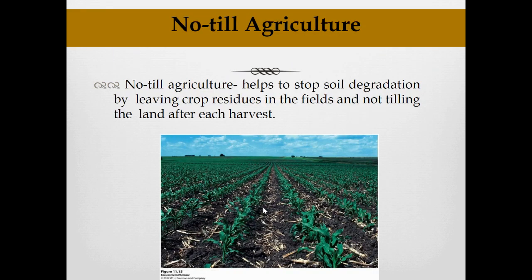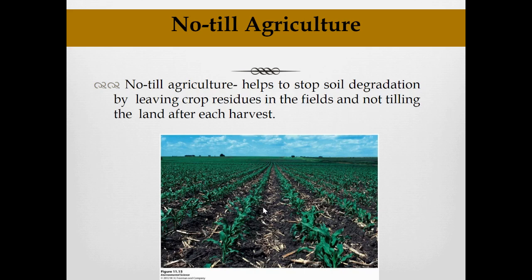And then lastly, guys, one more sustainable agriculture method that we can implement is something called no-till agriculture. We talked about this in our A Day of Farming interactive, right? You had to choose whether or not you wanted to till or not till the land. And if you can remember from the interactive, tilling the land means turning over the soil, creating more aeration in the soil, but oftentimes that leads to a lot of soil erosion.